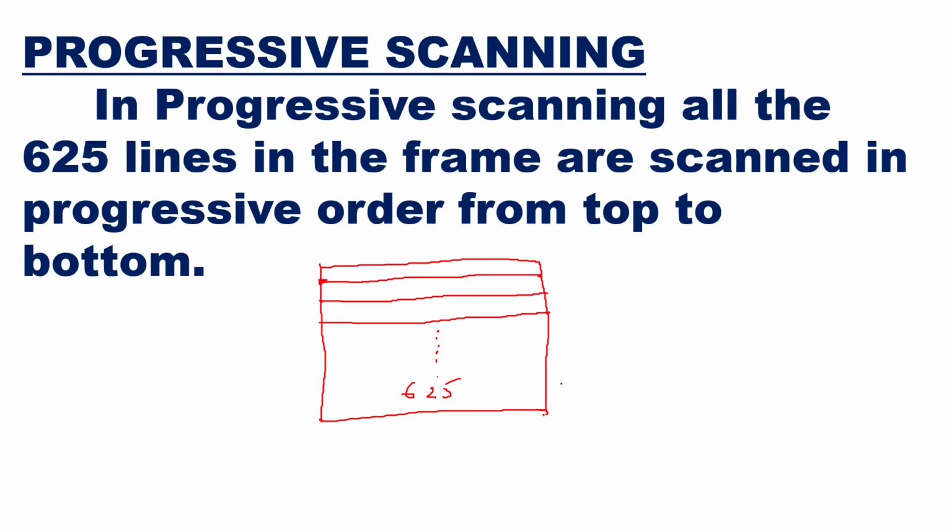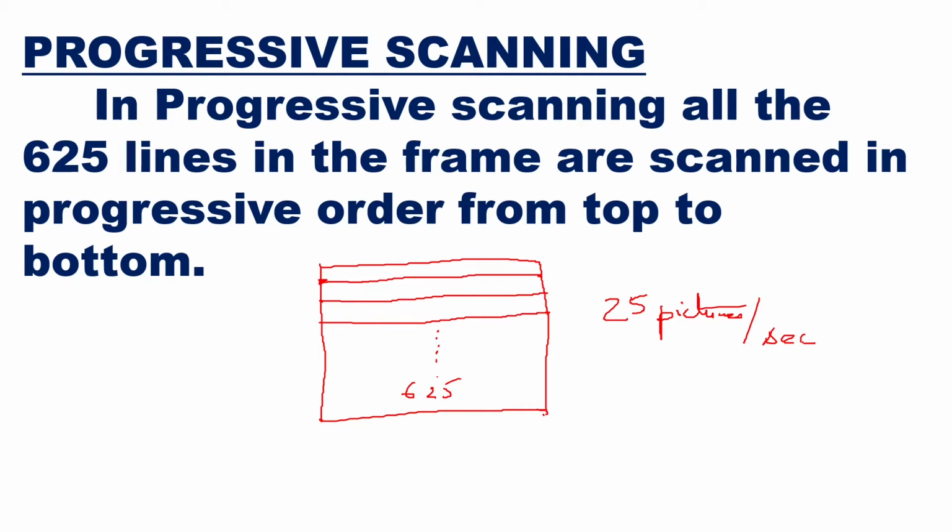With this we get a rate of 25 pictures or frames per second. 25 pictures will be transmitted per second, going through horizontal and then vertical scanning from one picture to another.